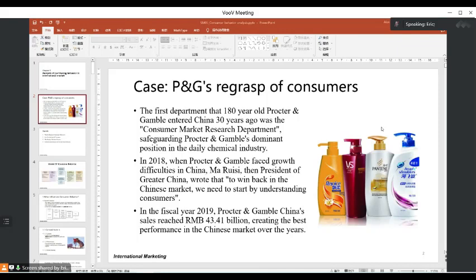So it spent so much time and energy to research consumer behavior. So we find that Procter & Gamble is very successful in the world.